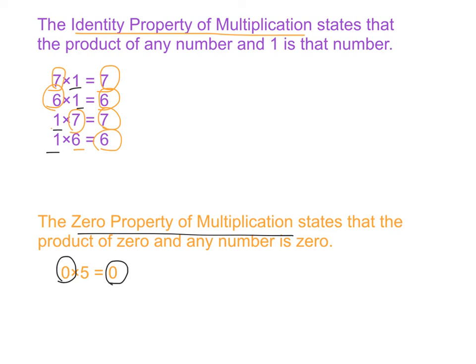Another example, 5 times 0 equals 0. Again, the product of 0 and any number is 0. 0 times 8 equals 0. So the product of 0 and any number is 0. And the last example, 8 times 0 equals 0.